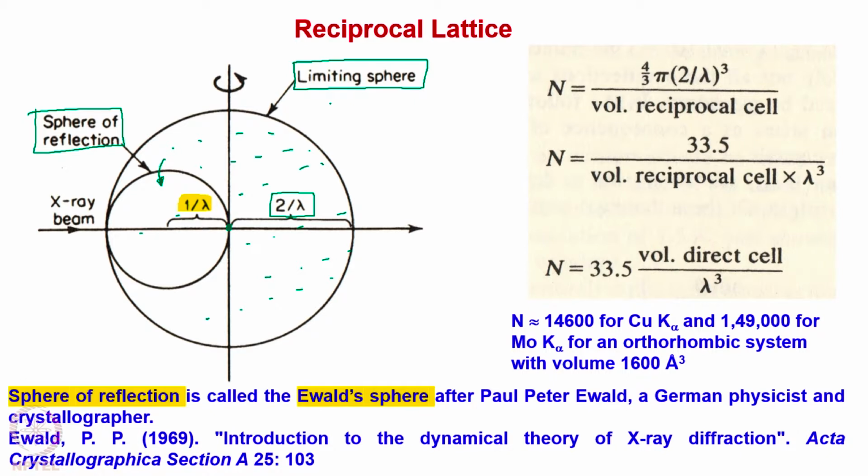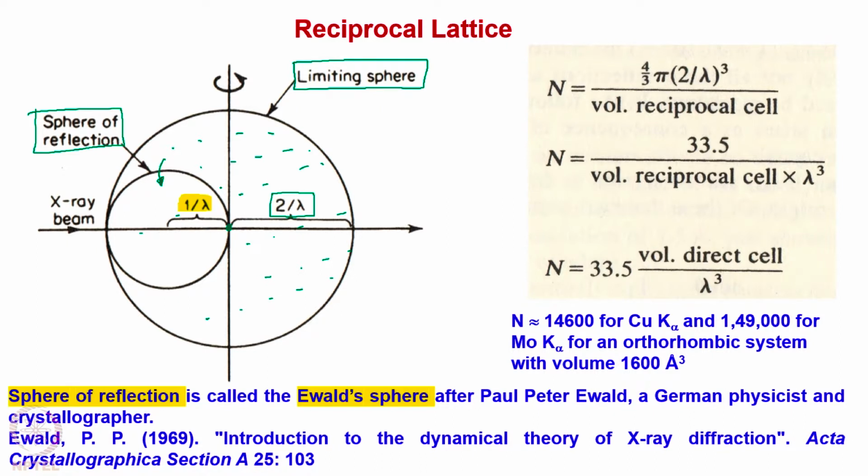So, the reciprocal lattice points which come within this limiting sphere, by rotating the crystal in front of the X-ray beam, one can make those reciprocal lattice points pass through the Ewald sphere, and once a point is passing through the periphery of the Ewald sphere, it makes a diffraction happen.